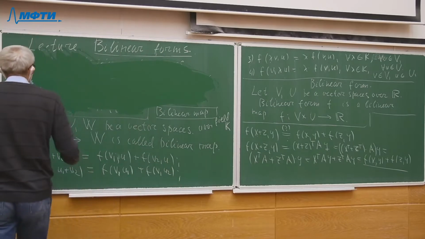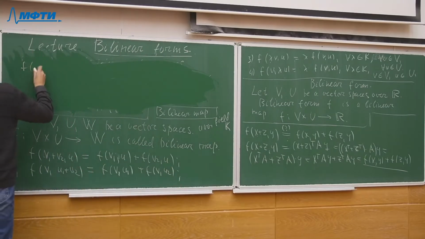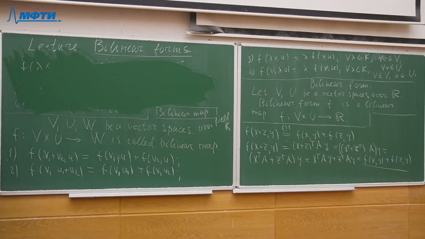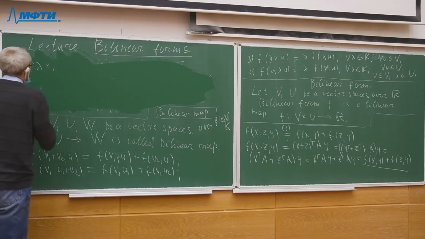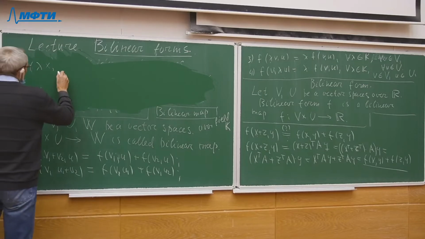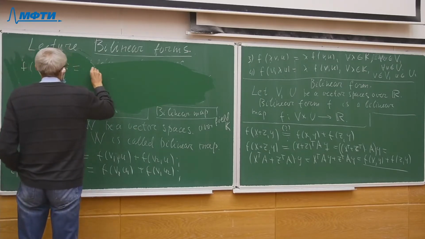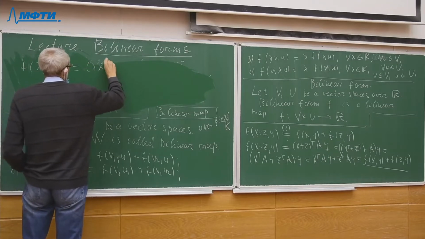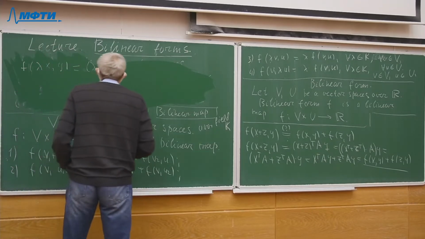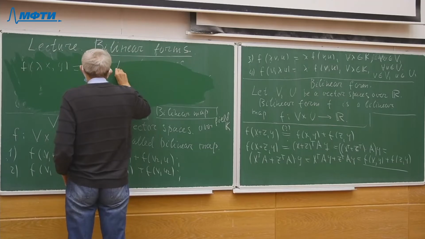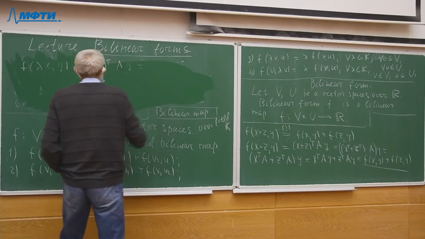For example, if we apply our map to the ordered pair lambda x and y, by definition, it is (lambda x) transpose A y.